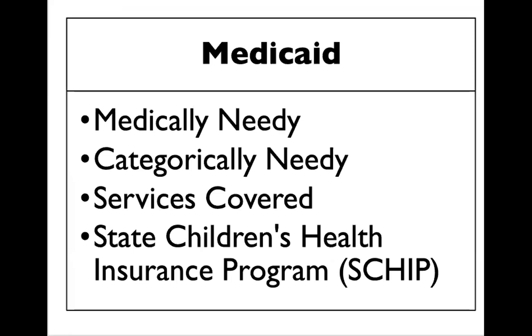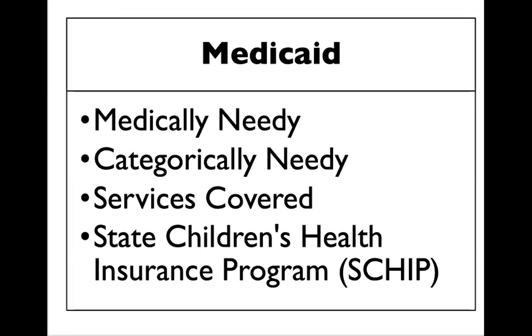However, because I cover her on my private health insurance, Medicaid is her secondary payer, because remember, government programs are always going to be the payer of last resort. All right, other things about Medicaid. So Medicaid is run by the states, but they receive funding from the federal government, partial funding.